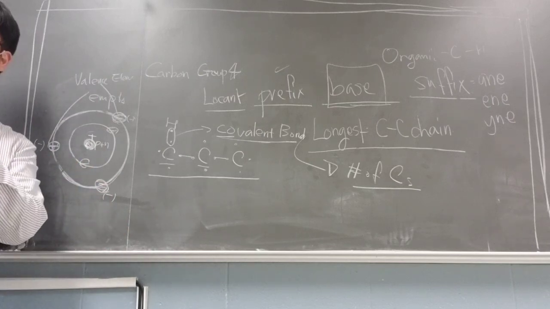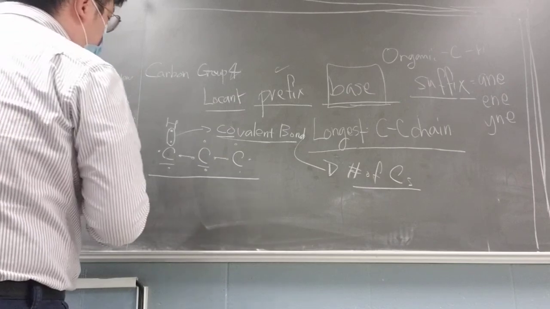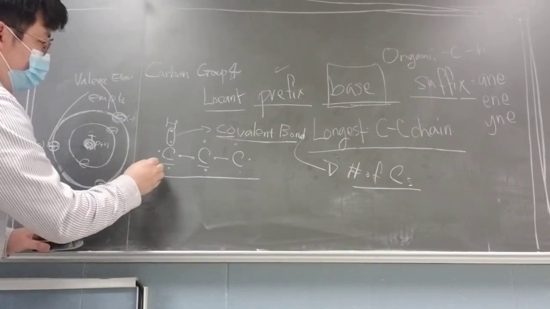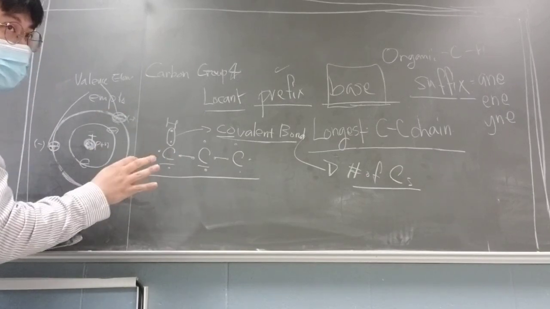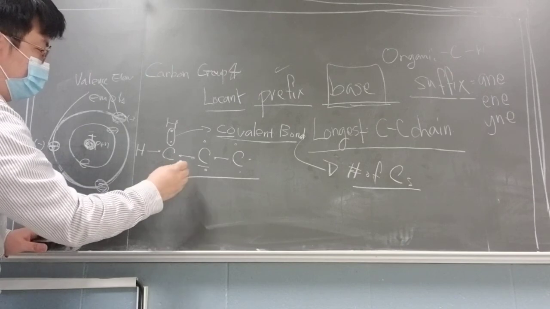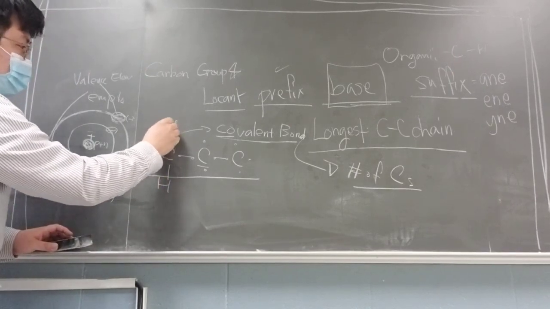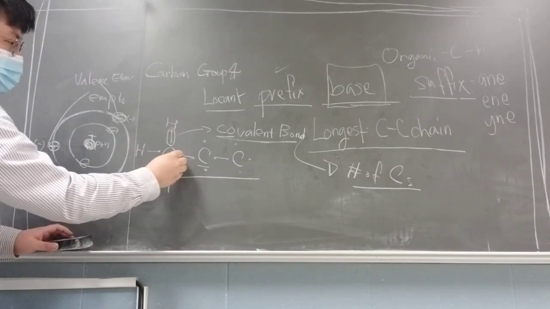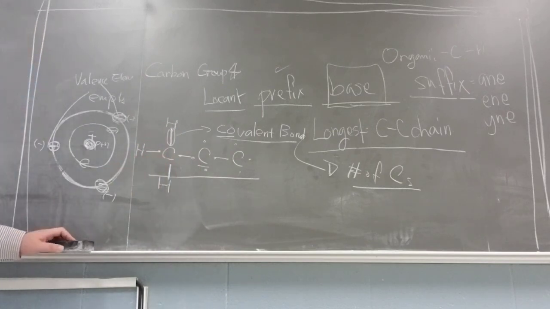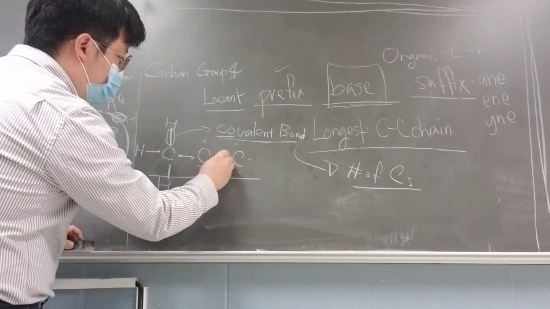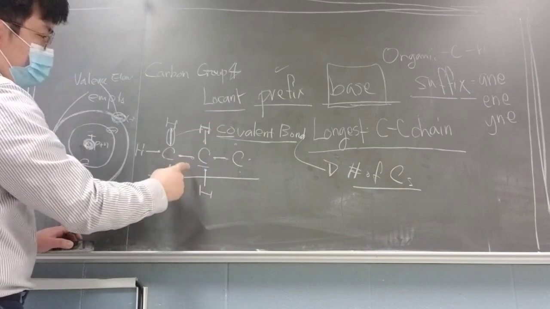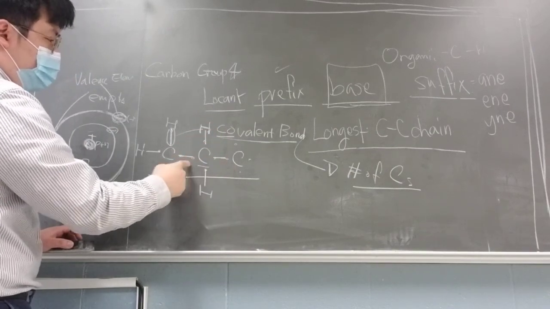Makes sense, right? Okay. But the thing is, hydrogen only has 1, but carbon has 4. So that means carbon can have at max 4 bonds. This carbon has 3 hydrogens, because it has 1, 2, 3, 4. This carbon has 1, 2 carbons making bonds to it, so we have only 2 hydrogens.